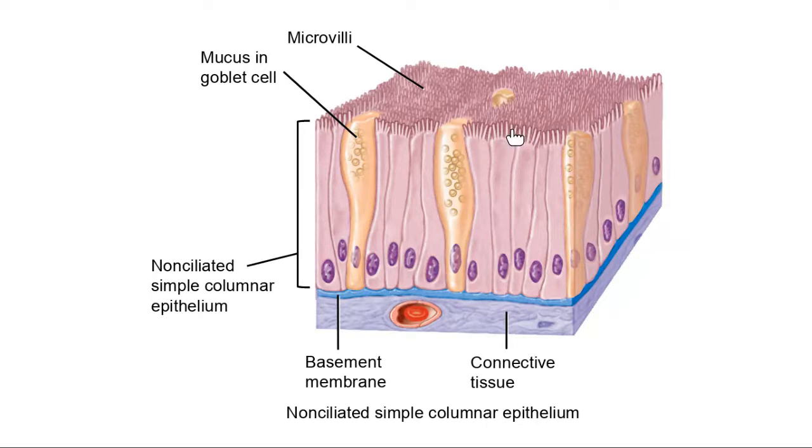And the apical surface of these cells can show you many microvilli. Microvilli are finger-like projections on the apical surface of the cells, and they can increase the surface area for absorption. We have this type of epithelium mostly in our digestive system.